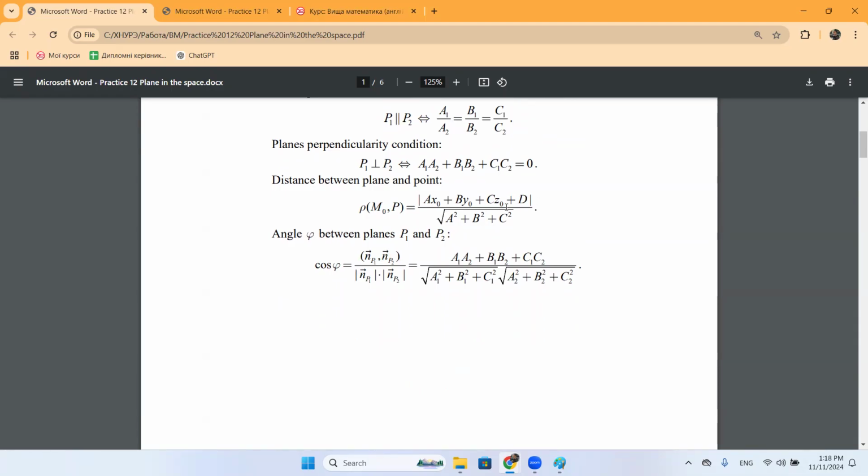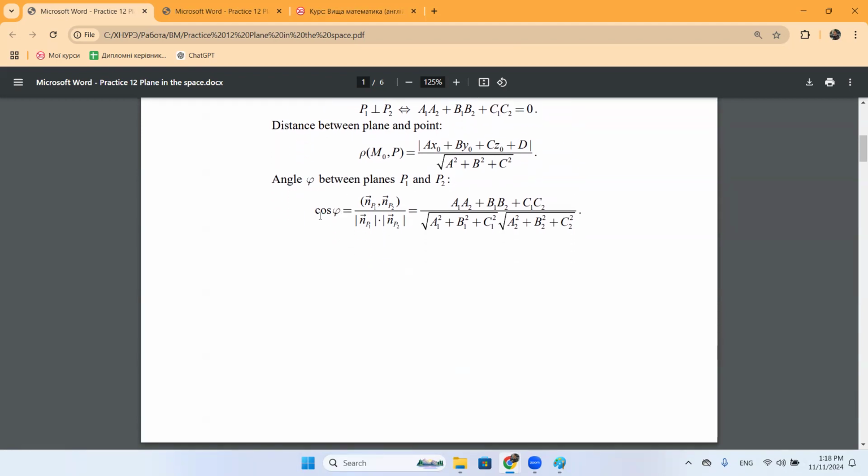And here is the formula of distance between a plane and a point. The scalar product of the point and normal vector plus free coefficient d, in the module, divided by the magnitude of the normal vector. And this is the formula for how to find the angle between planes.